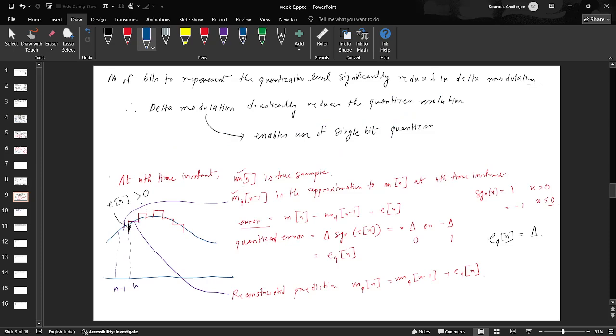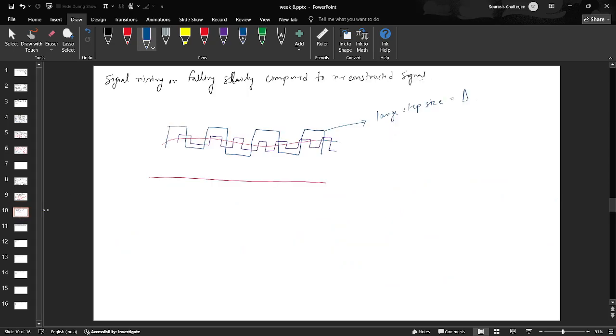This increment that you show is nothing but the quantized error, which takes the value delta or minus delta. When this step size becomes quite large compared to your signal variation, then you are going to see this kind of behavior. Your underlying signal is varying slowly, but your reconstructed signal is moving abruptly up and down, up and down. It's kind of unnecessary.